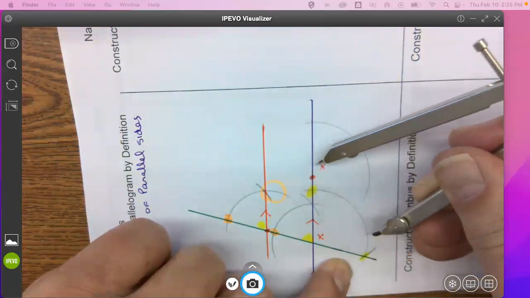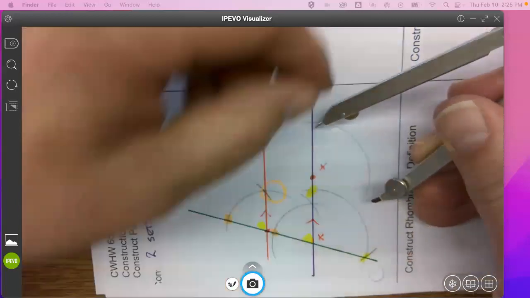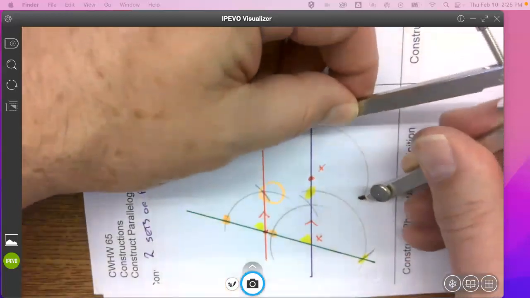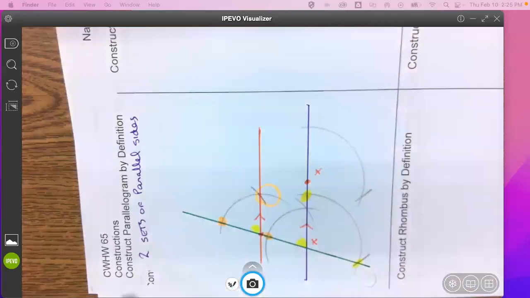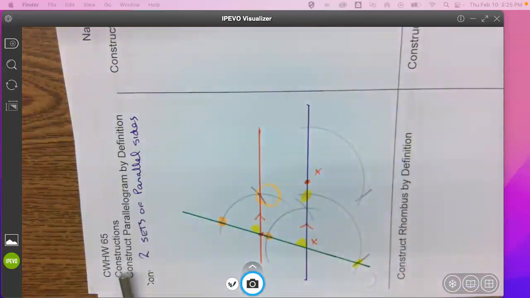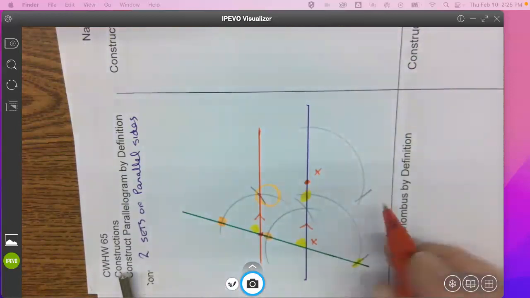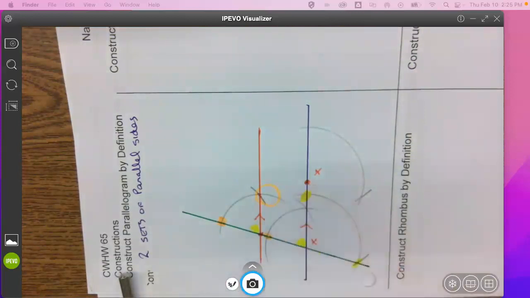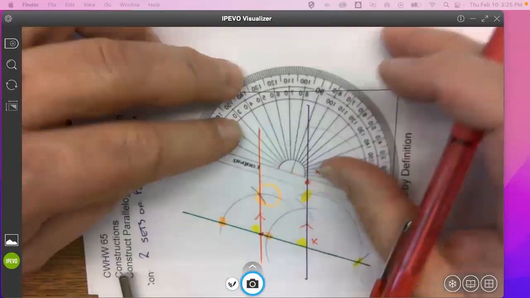And then pick that up and carry it up to this other one and leave a corresponding mark. That point of intersection should be able to be connected with my original dot to give me a line parallel.